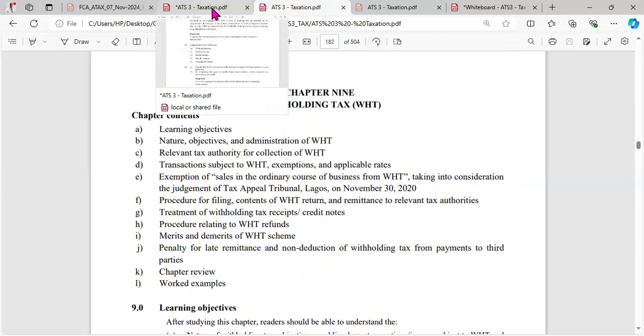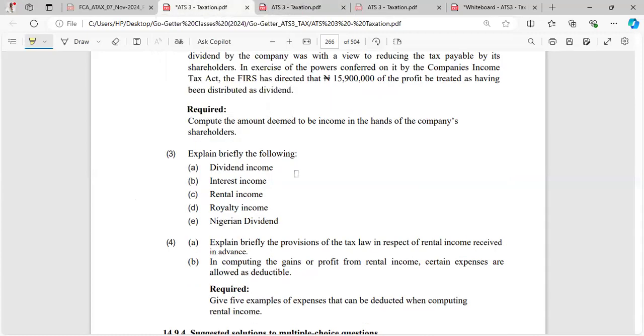We'll see how we can solve for dividend income, interest income, and the like, because normally we are not just, as we did in this rental income, looking for income chargeable to tax.